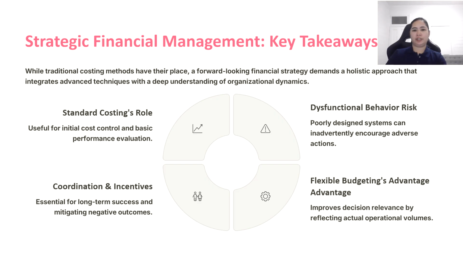Dysfunctional behavior risk: a poorly designed management accounting system can inadvertently encourage adverse actions, such as short-term focus, data manipulation, or behavior that optimizes reported results at the expense of overall organizational performance.